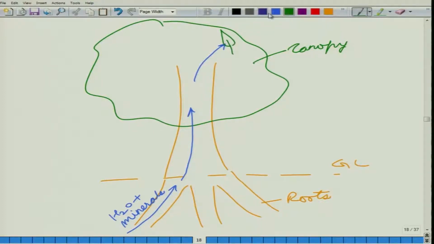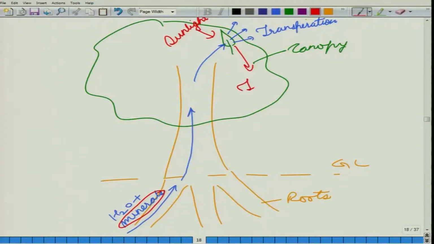From the leaves the water gets lost in the process of transpiration, plus the minerals that have gotten inside with the water, they are then distributed. So these leaves will use sunlight to produce food.